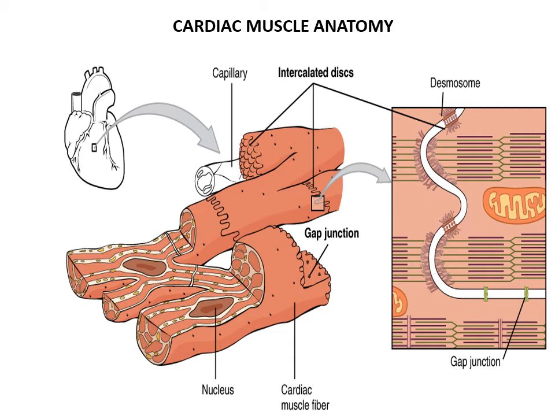It has to pump blood out of, say, the left ventricle into the aorta. And the aorta is under high pressure. That is your blood pressure. So a lot of force is required.